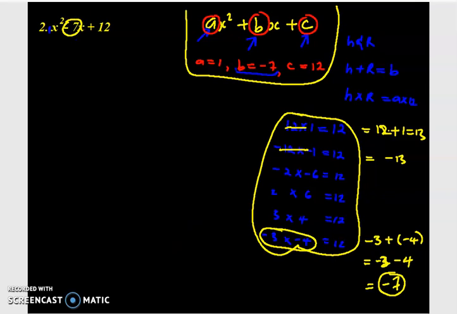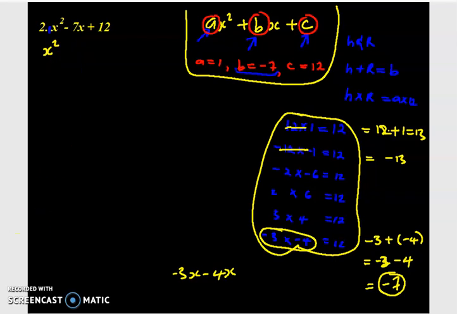So our two numbers will be negative 3 and negative 4. You're going to go back to your original expression now and put x squared. But instead of putting in negative 7x, we're going to put in negative 3x minus 4x, because negative 3 minus 4 would give you the minus 7.